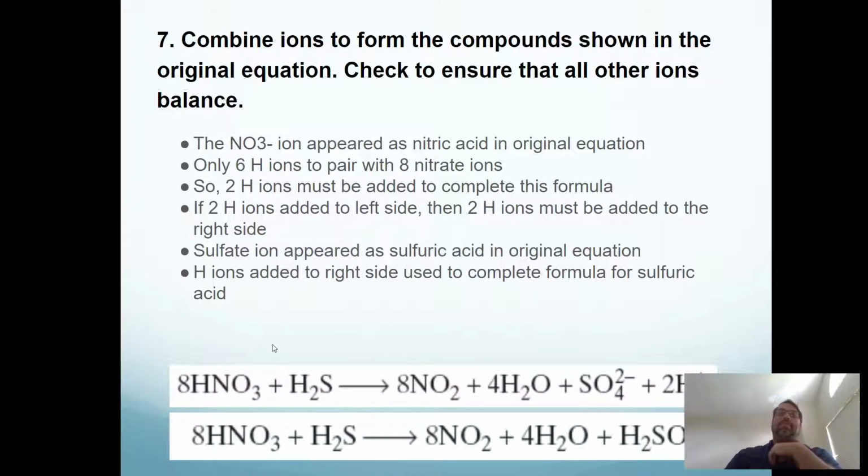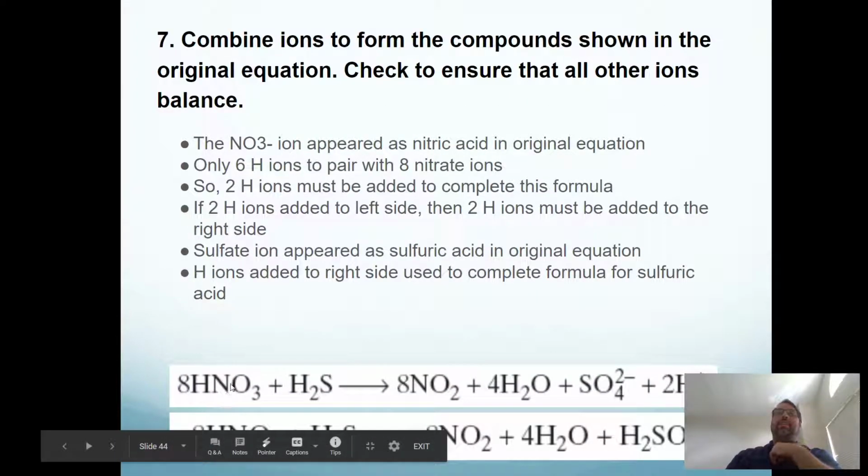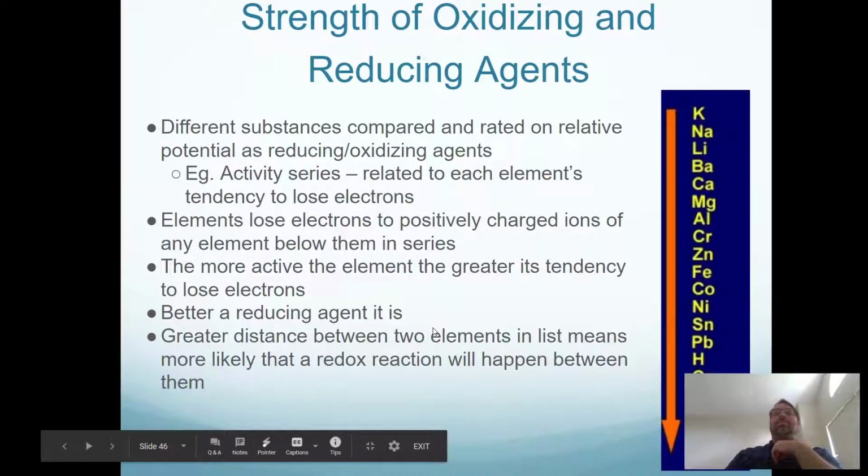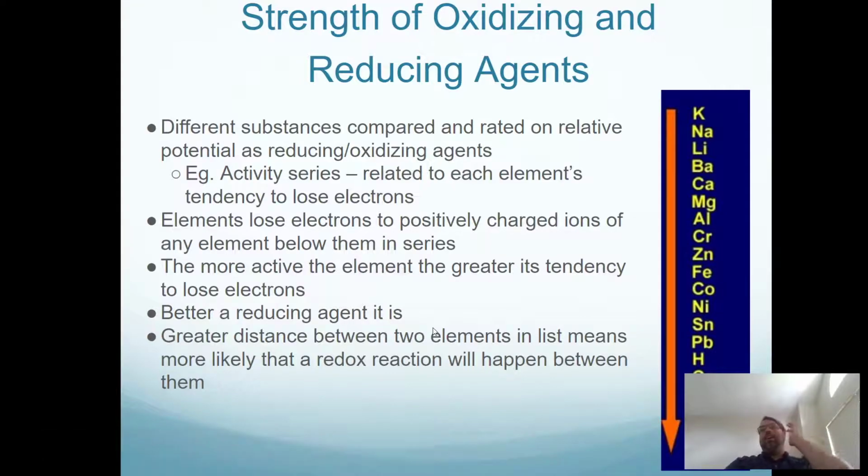So for instance, in this case right here, the nitric acid is reduced, therefore it's the oxidizing agent. The H2S is oxidized, therefore it's the reducing agent. Okay, so just some annoying little language type things there.